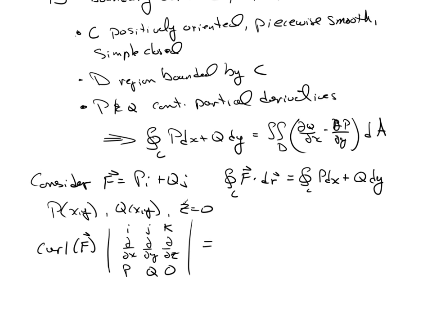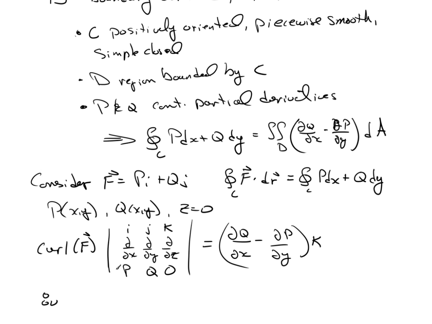Now, when I go through all this, because of the 0, what I end up with is the partial of Q with respect to x minus the partial of P with respect to y, k. The i and j components are actually 0.